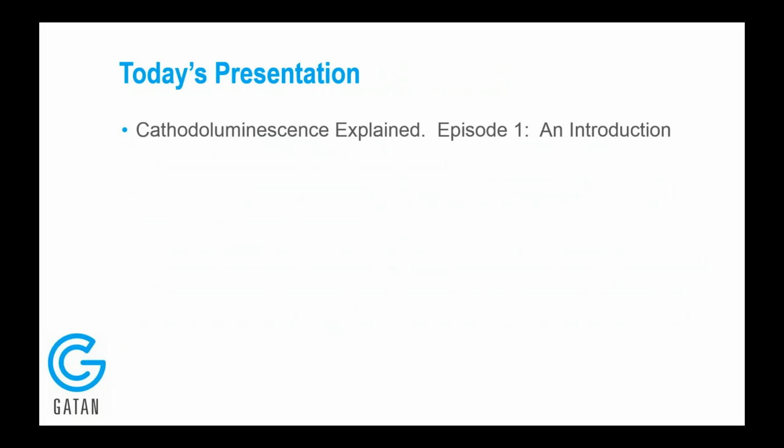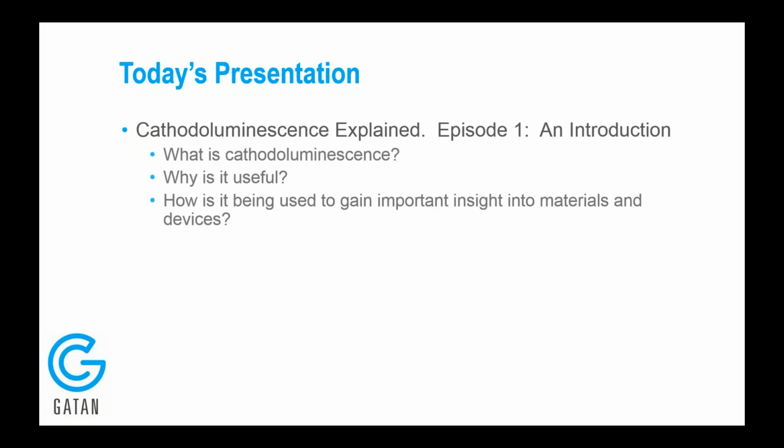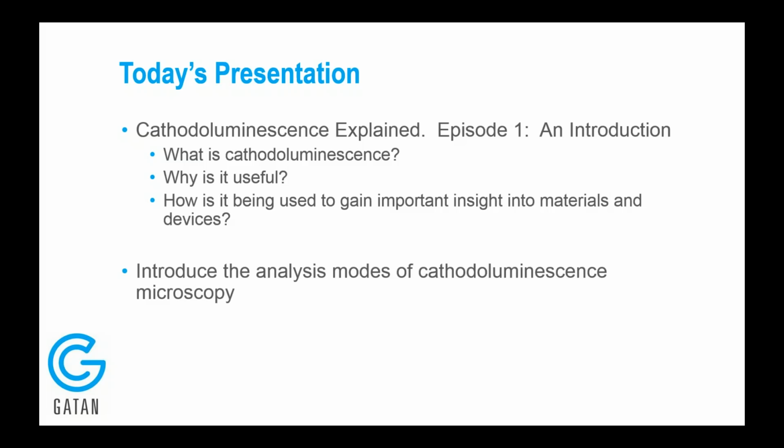So today's presentation, Cathodoluminescence Explained, Episode 1, an Introduction, we're really going to start at the beginning. So we're going to start explaining what cathodoluminescence is, why it is useful, and importantly, how it is being used to gain important insight into different types of materials and devices. Although I'll do a little bit of introducing the analysis modes of cathodoluminescence microscopy, I'm not going to spend too much time focused on the practicalities of it today.